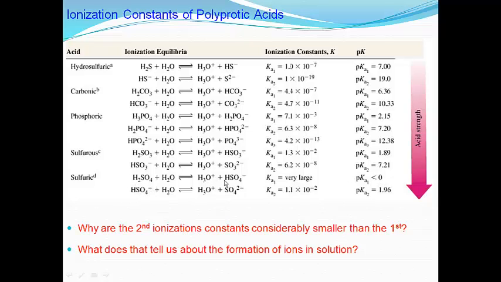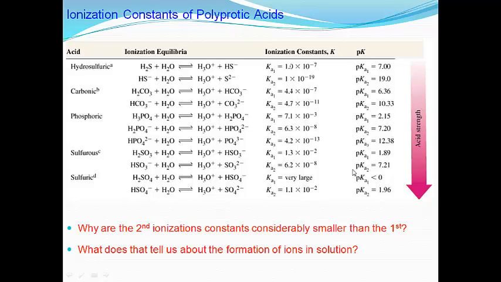The conjugate base that is formed now acts as an acid because it's donating a proton to the water to give us H3O+ and another conjugate base, and we can see that the Ka for that ionization step is much smaller than Ka1.